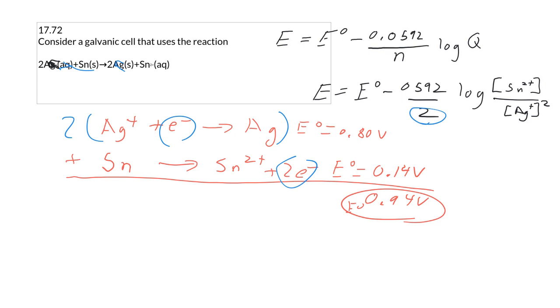So now, back to my Nernst equation, E is equal to 0.94 volts minus 0.592 divided by 2 log of products over reactants.